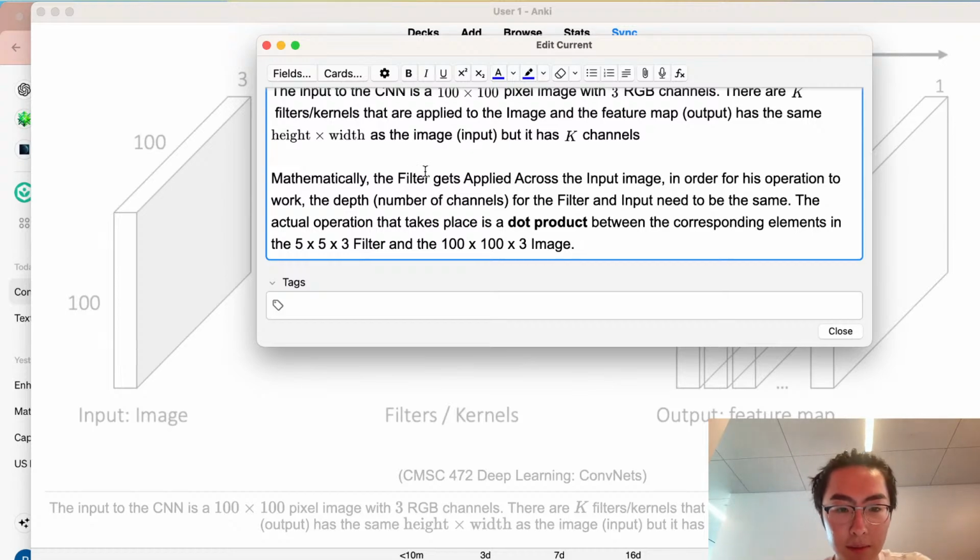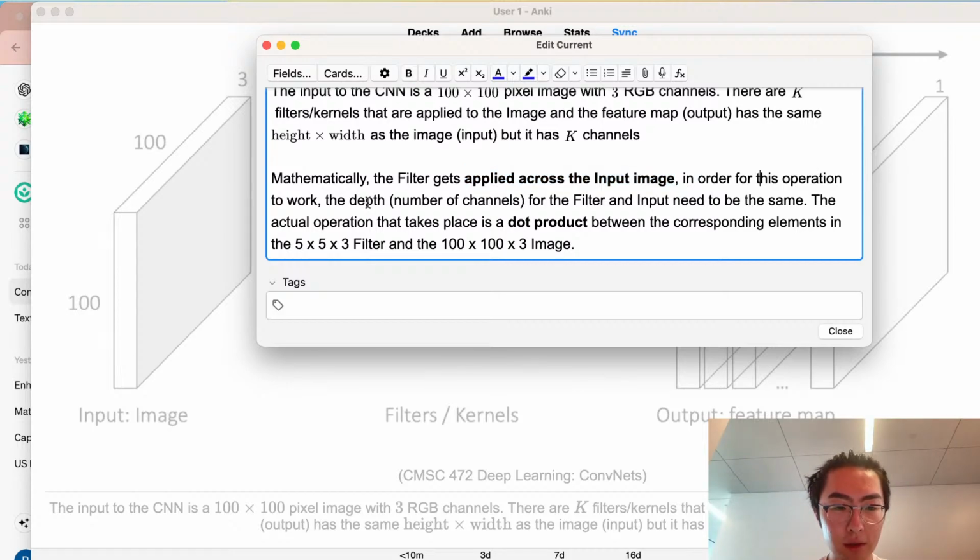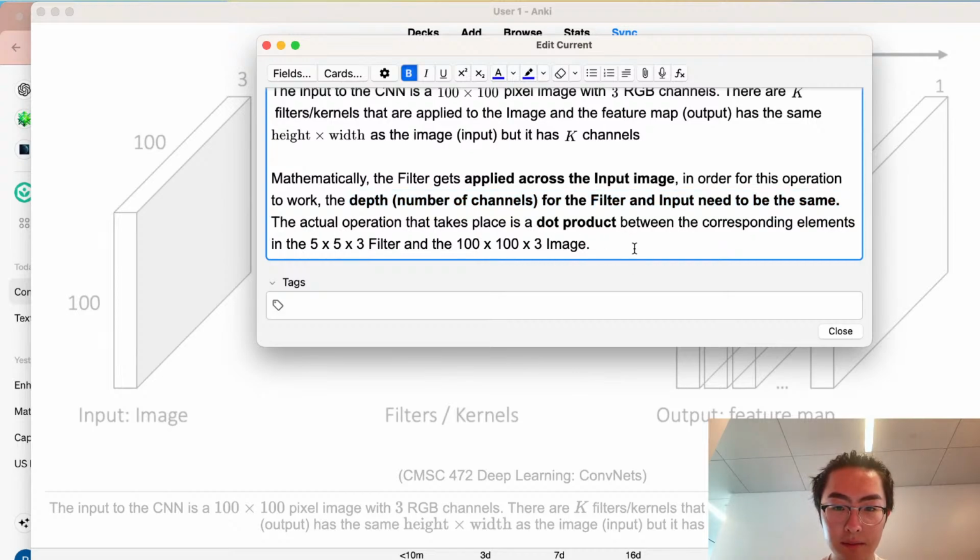So the filter gets applied across the input image. For this operation to work, the depth, number of channels for the filter and input need to be the same. The 5 by 5 by 3 filter, 100 by 100 by 3 image.